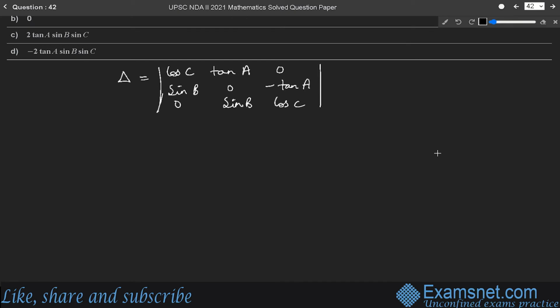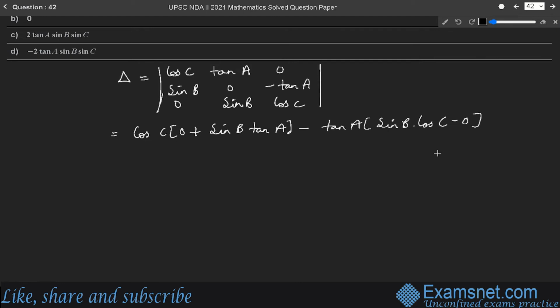So on further expanding this determinant, we will get cos C into (0 plus sin B tan A) minus tan A into (sin B cos C minus 0).